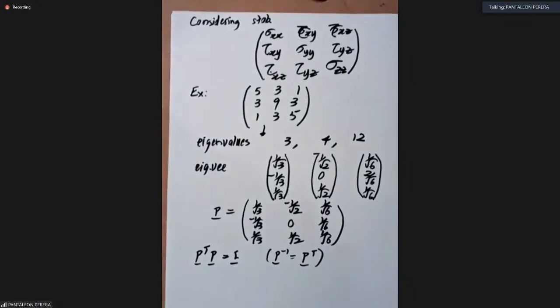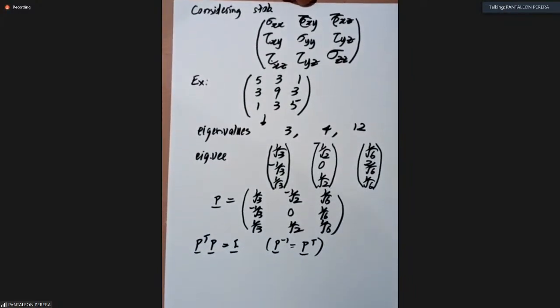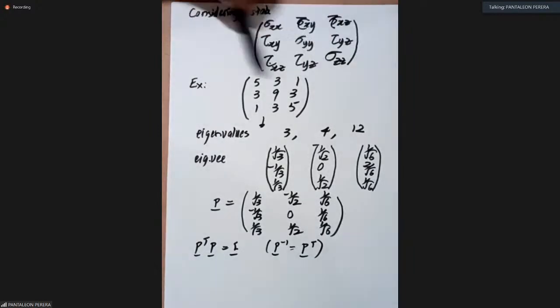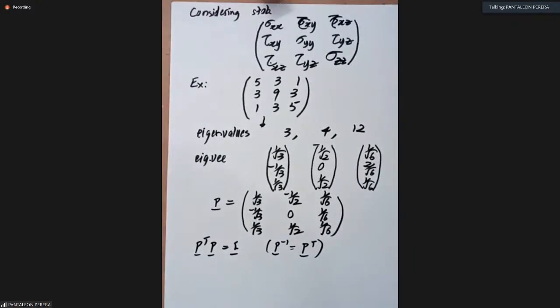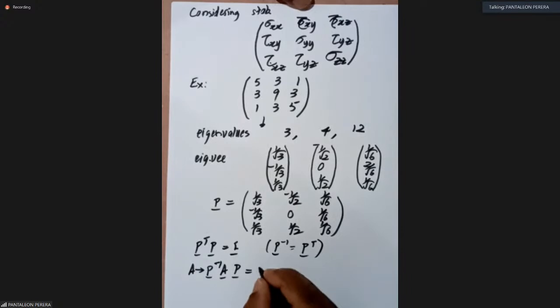Now, with respect to XYZ, this is our matrix. Now we use the coordinate transform. A is transformed to P inverse AP. But you know that P inverse AP is P transpose AP.